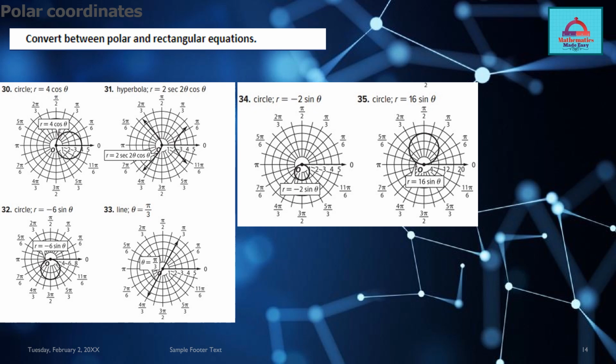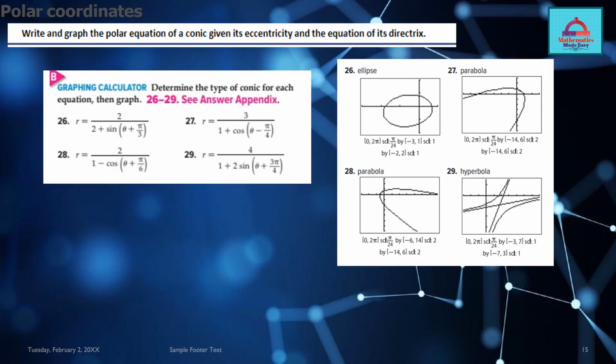So you have learned in this question how to convert between polar and rectangular equations, and the main thing you need to remember is the formula x equal to r cos theta, y equal to r sine theta used for the conversion, and your knowledge of rectangular coordinates.